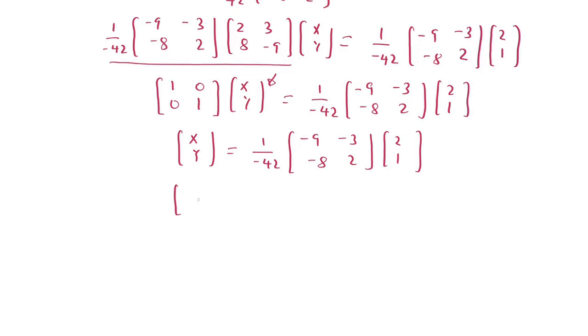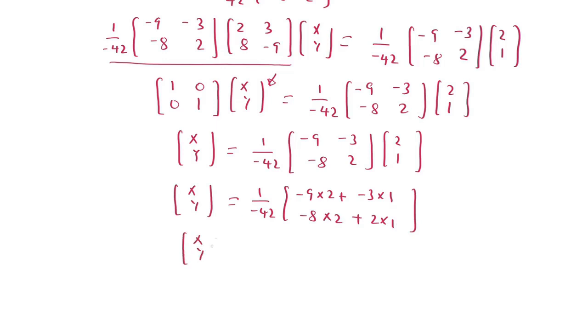We are going to have x, y equals 1 over negative 48 times matrix negative 9 times 2 plus negative 3 times 1, negative 8 times 2 plus 2 times 1, of which solving this we are going to have x, y equals 1 over negative 42 times matrix negative 21, negative 14.